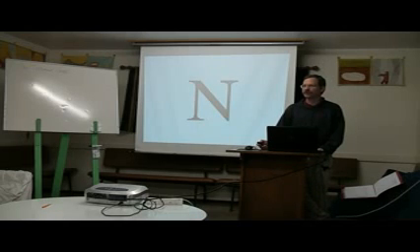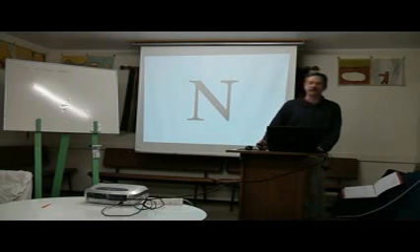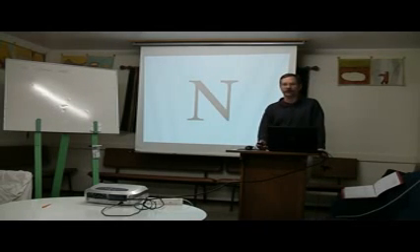Once again, we're helped out by English borrowing this symbol to represent the capital letter N. This is the nu. Nu has the same sound as the N in English. And in this form, you can recognize it immediately.